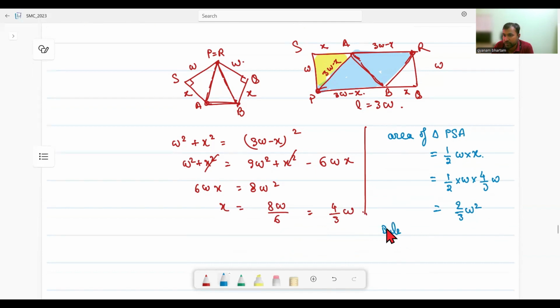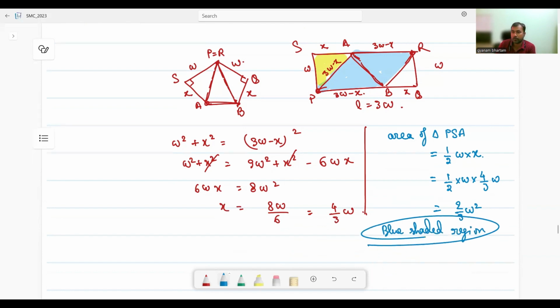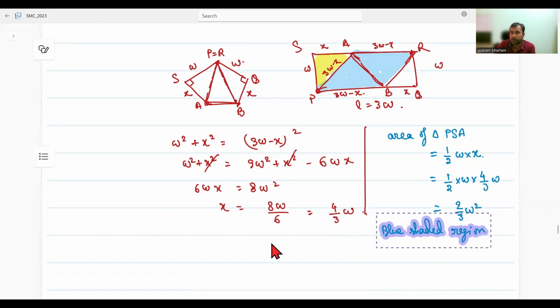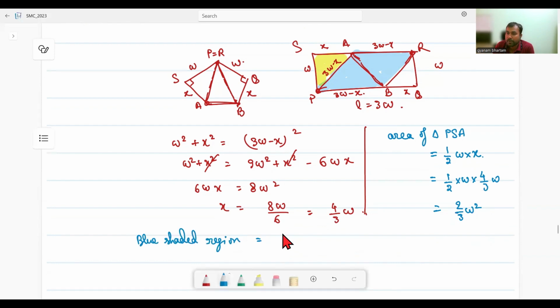Now we can also find the blue shaded region. If you add it twice, the total area of the rectangle is going to be 3W squared, and you have to subtract two times triangle PSA, which is 4/3 W squared.